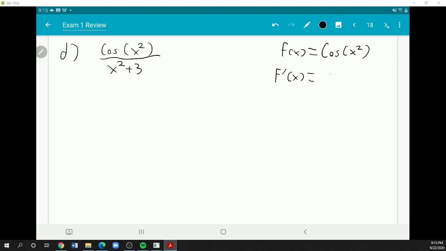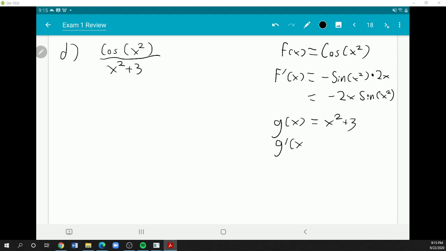You get derivative of the outside, minus sine x squared, times the derivative of the inside, which is 2x. So you get minus 2x sine x squared. On the bottom, there's just regular old x squared plus 3. G prime of x is 2x.